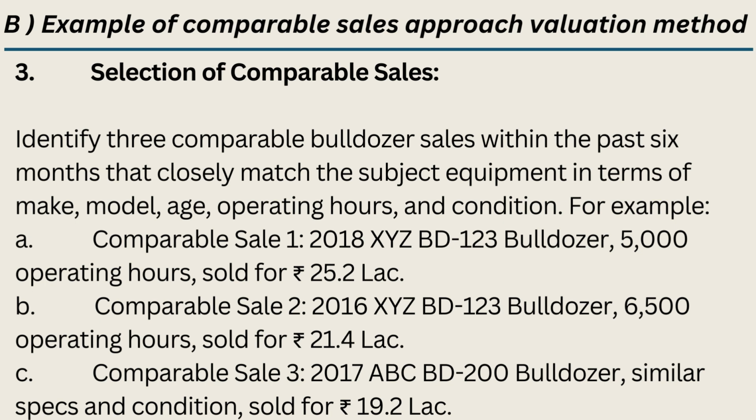B. Comparable sale 2, 2016 XYZ BD-123 Bulldozer, 6,500 operating hours, sold for 21.4 Indian rupees lakh. C. Comparable sale 3, 2017 ABC BD-200 Bulldozer, similar specs and condition, sold for 19.2 Indian rupees lakh.